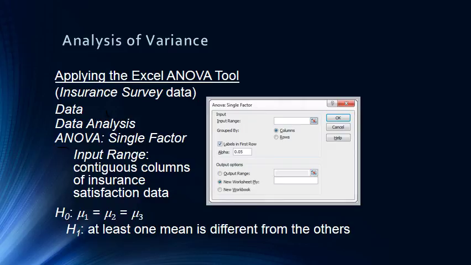You select if you're going to have labels in the first row, and alpha, which is again the error level, and then this is a value you set. Then if you want to put the output in the same workbook, in a different workbook, etc., you hit OK, and you get the results for the ANOVA test.